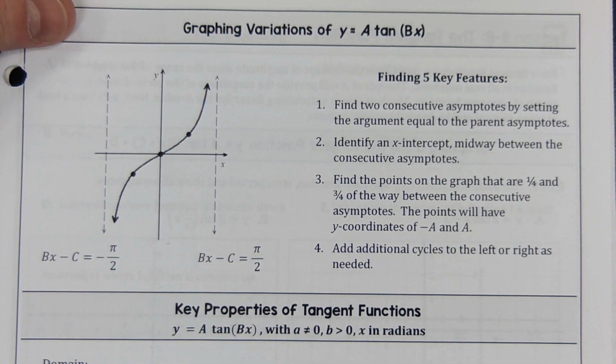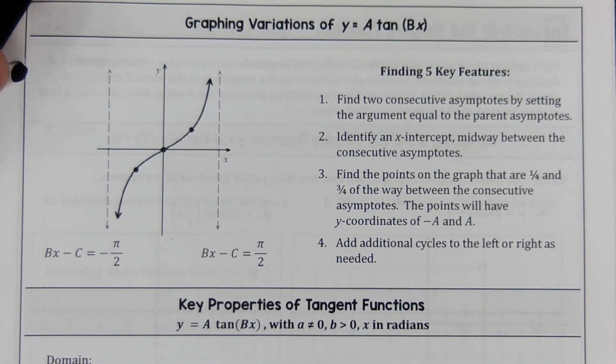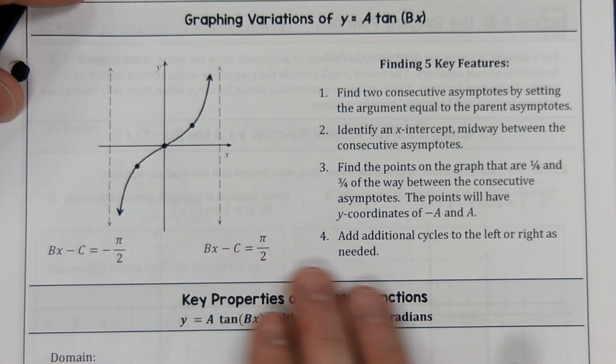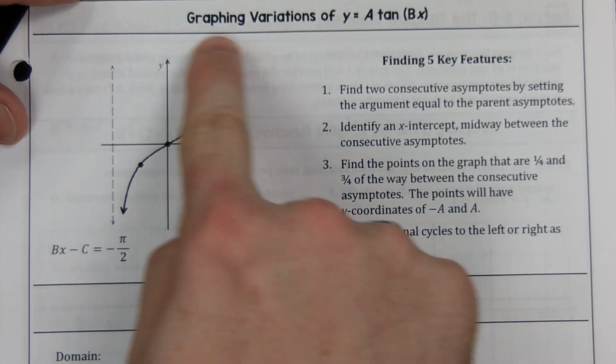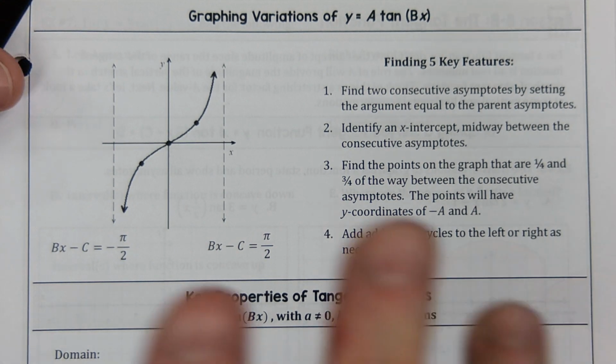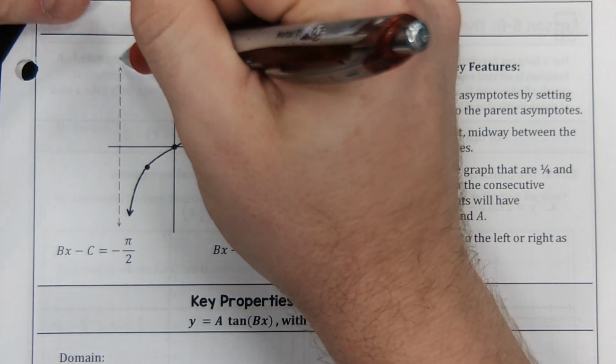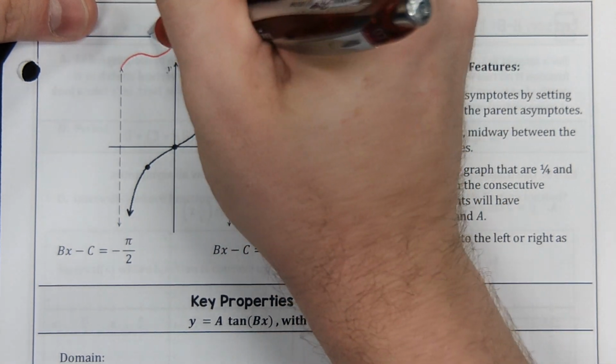Let me tell you how much of this I have memorized. I have this shape memorized. That's about it. And I just recognize that from asymptote to asymptote is the period.